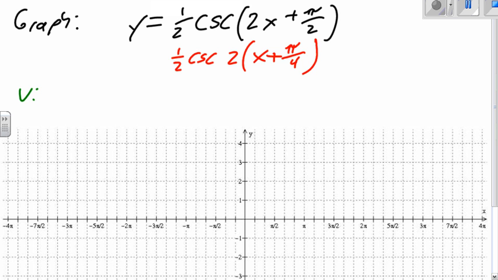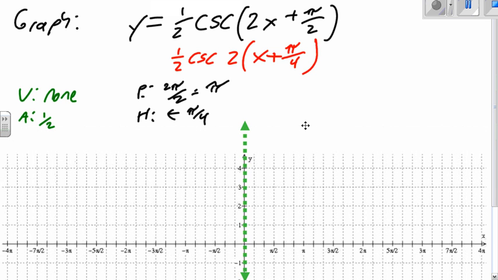The amplitude affects it by 1/2. We'll still call it amplitude. It's a little bit different, but that's okay. The period for cosecant is 2 pi, so our period is 2 pi over 2, which is just pi. And then our horizontal shift is to the left, pi over 4.